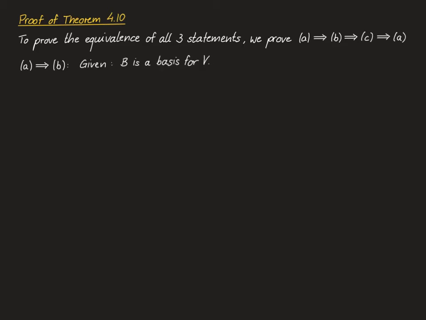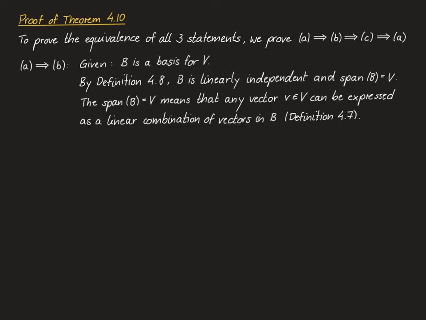By the assumption of A, the set B is a basis for V, and so according to Definition 4.8 of a basis, this means that B is linearly independent and the span of B equals V. The span of B being equal to V implies that any vector v in V can be expressed as a linear combination of vectors in B according to Definition 4.7.